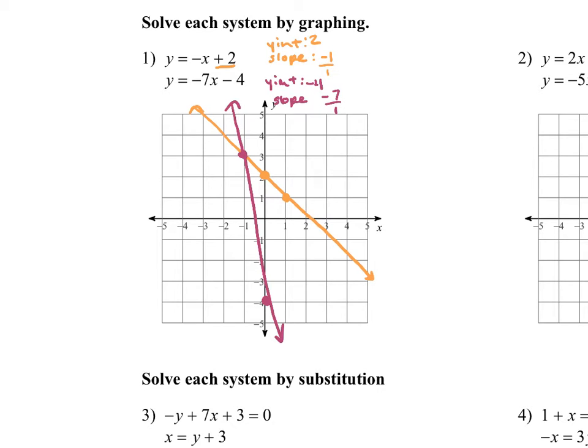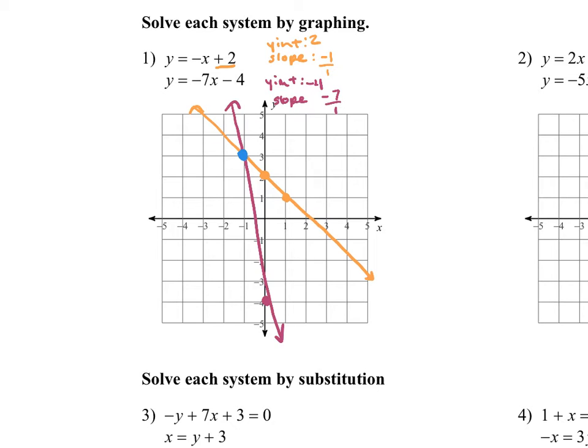Where do our 2 lines intersect? At what point? They intersect right here. What's our coordinate for this point?